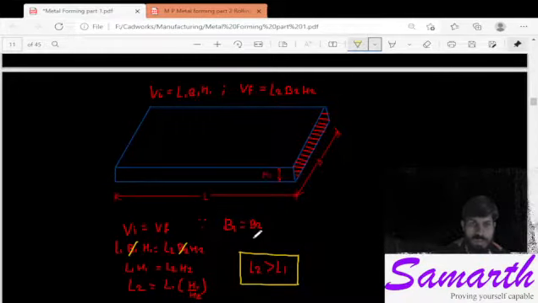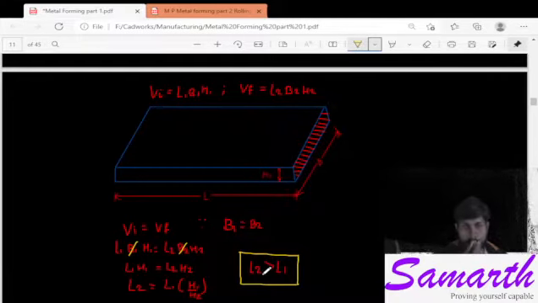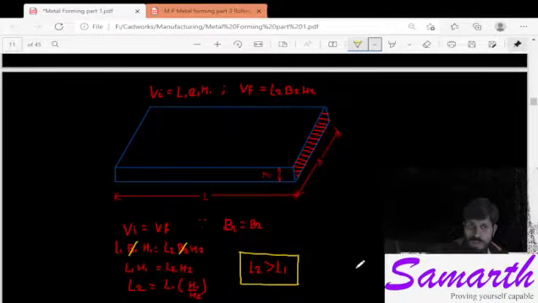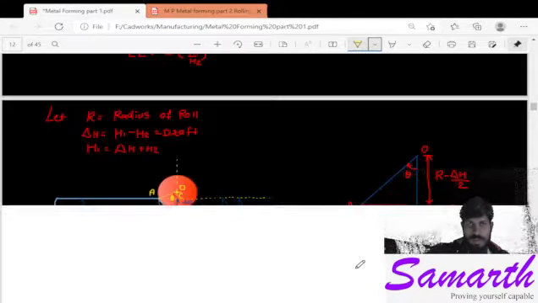In case V is kept constant, we will get L2 equal to L1 into H1 by H2. Here you can see L2 is greater than L1, and that is why we are doing this operation, just to reduce height and increase the length by keeping the volume constant.